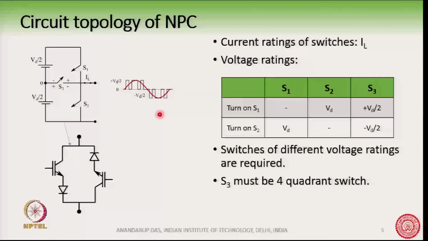Which means that S3 has a voltage rating of half of S1 and S2. However, it must block bidirectional voltage. It should have the capability to block bidirectional voltage, as we have just explained.